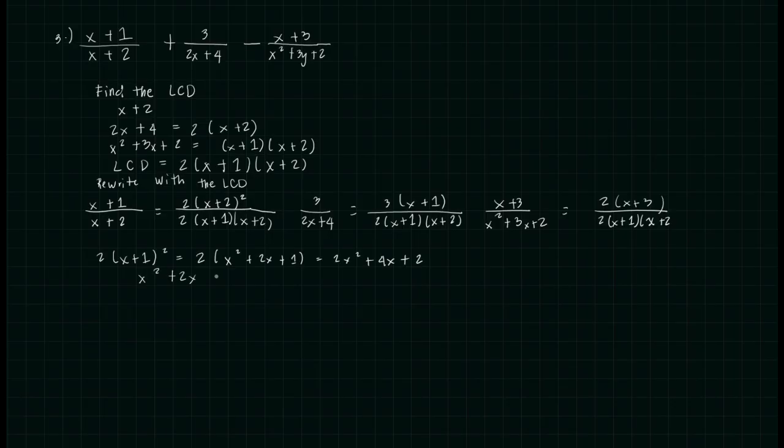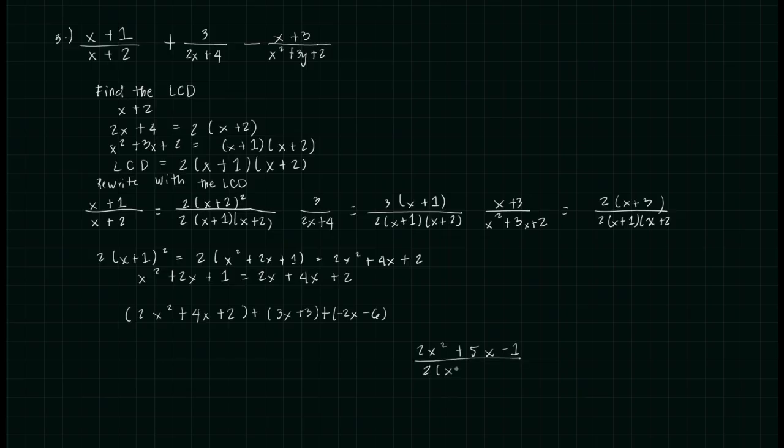So we have x squared plus 2x plus 1, 2x squared plus 4x plus 2. Now, put them all together. After putting them all together, group the like terms. And finally, we have our final answer, which is 2x squared plus 5x minus 1 over 2x plus 1, x plus 2.